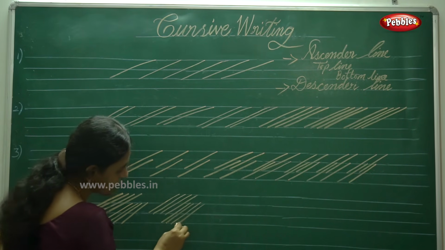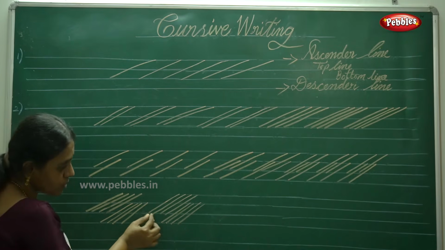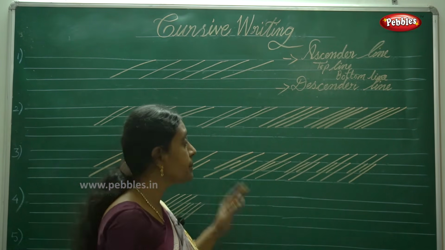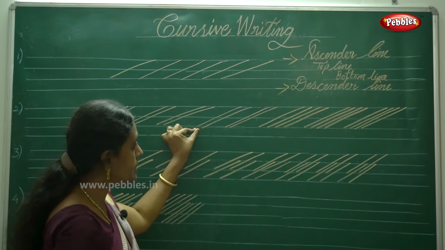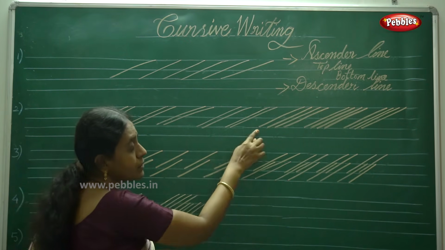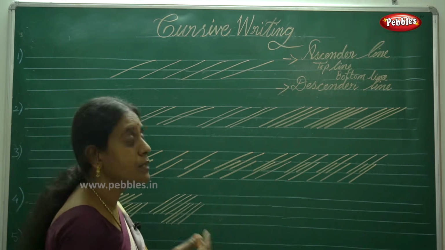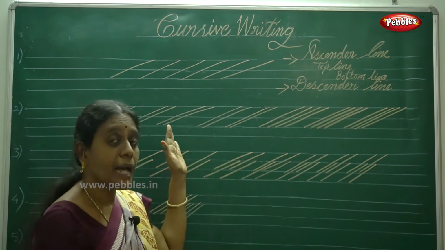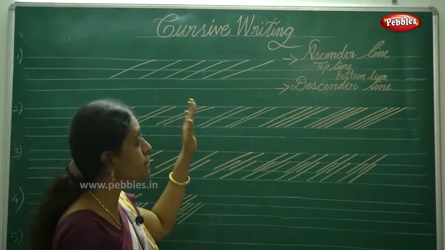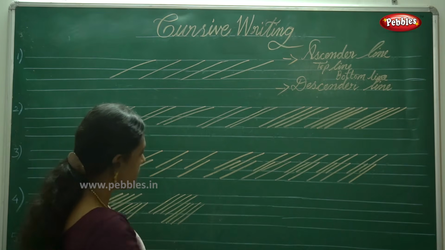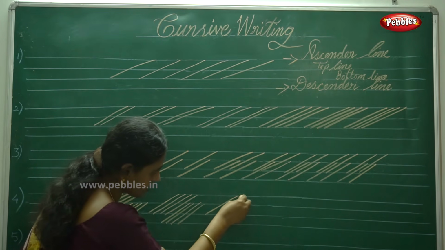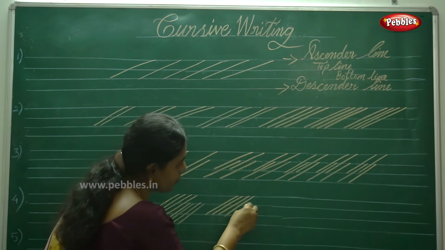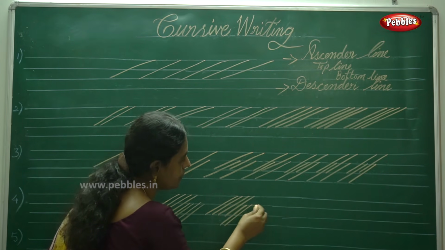Observe it. Don't interrupt or cross over these 2 lines, and children, observe that each stroke has similar spacing. That will come only with your practice. Practice makes perfect. So these 4 lines, observe the spacing. It's also important for your beautiful handwriting.